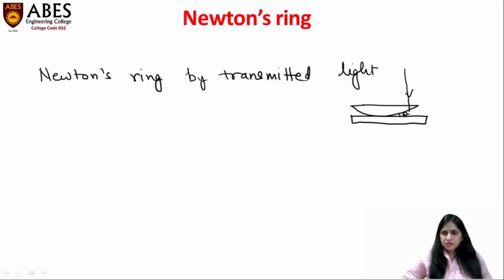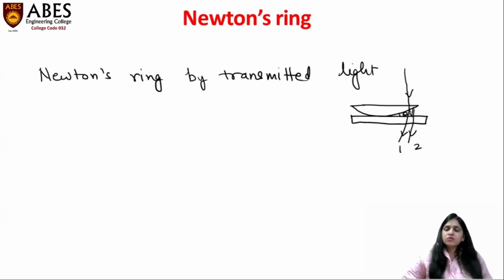The light is transmitted, travels in the air film, and is reflected again on this side. So rays 1 and 2 are nothing but the transmitted rays.